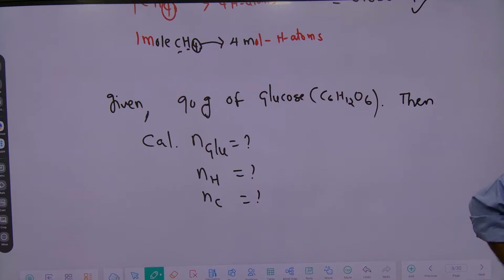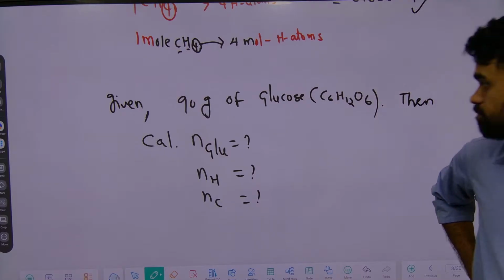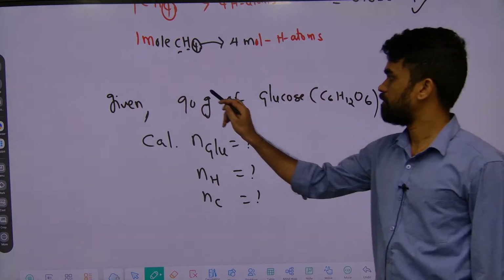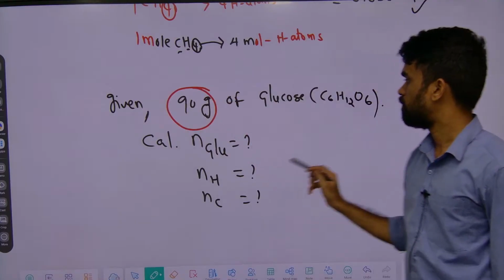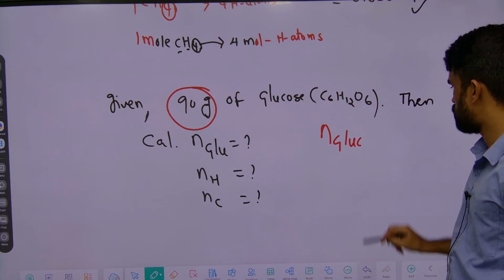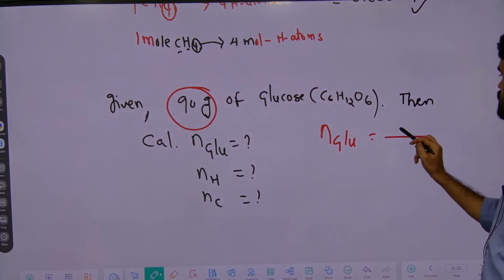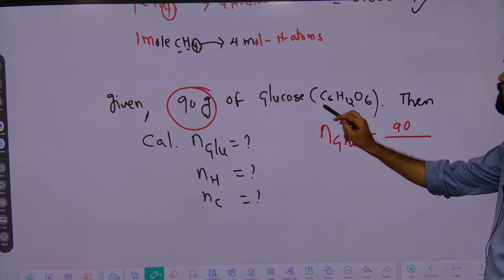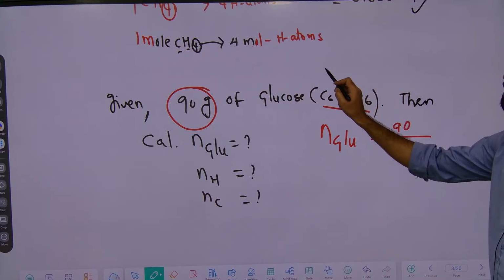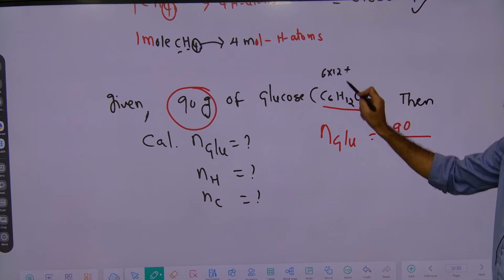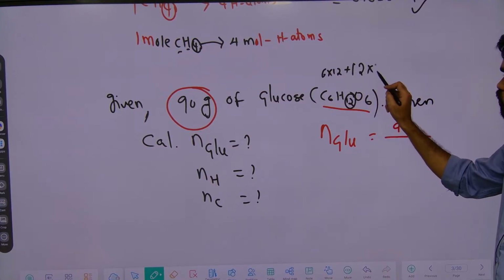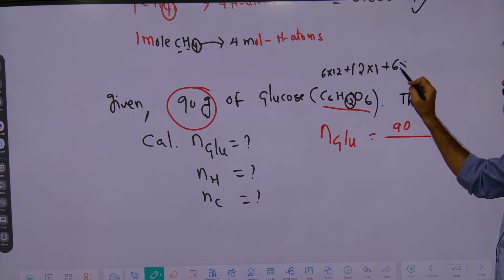Done. First, what to do? Given weight, first number of moles of glucose. Given weight is 90. What is the molar mass of this? 180, because 6 into 12 plus 12 hydrogens, 12 into 1, 6 oxygen, 6 into 16.